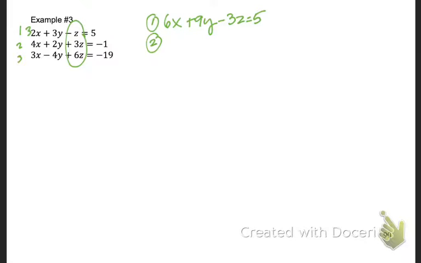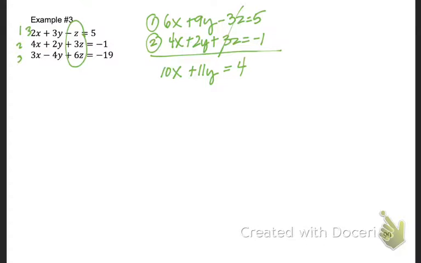And then 2, which is 4x plus 2y plus 3z equals -1. Z's cancel. And I have 10x plus 11y equals 4.